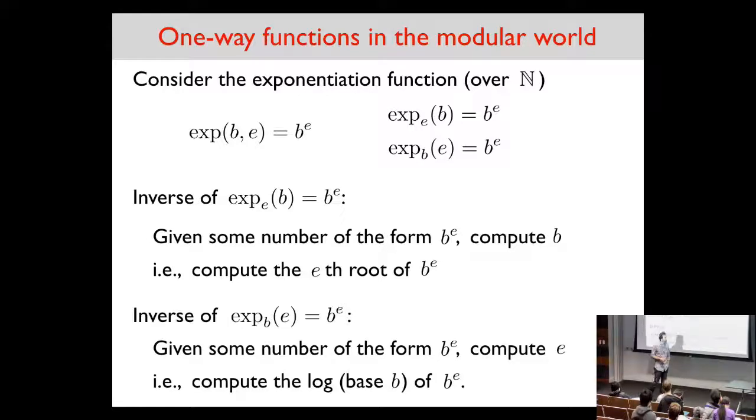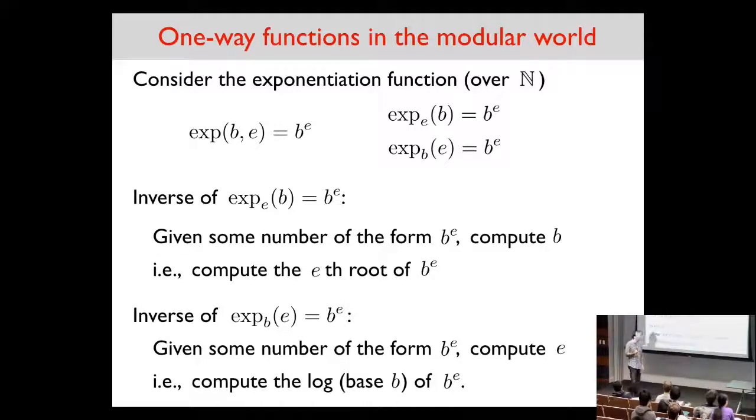The inverse of the second one, x sub b of e, is like, okay, you are given some number of the form, again, b to the e. Now you know the base b, and I ask you to compute the exponent e. Well, that's like computing the log base b of b to the e.